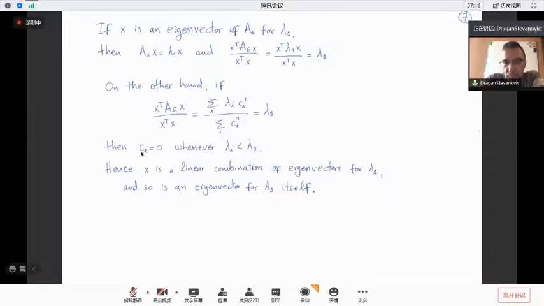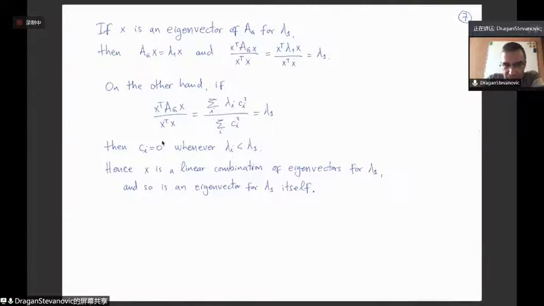So what we know is that when we express x as a linear combination of eigenvectors, the coefficients are 0 for each eigenvector that corresponds to an eigenvalue strictly less than lambda 1. But then it means that x is a linear combination of eigenvectors that correspond to lambda 1, and as such, x must be an eigenvector for lambda 1 by itself. So that settles the case of equality in the Rayleigh quotient as well.